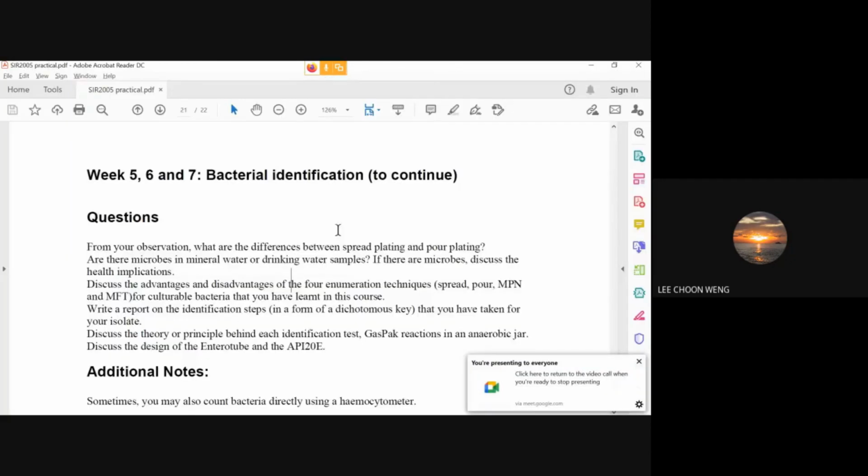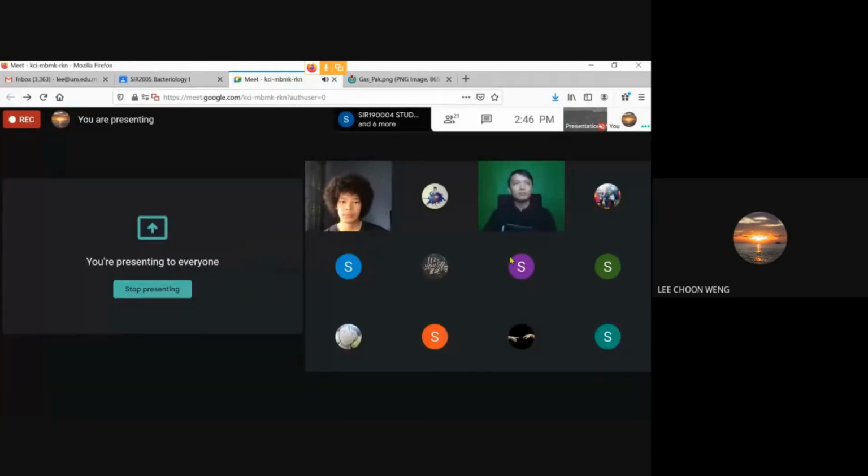Anything else? So y'all think about this, okay? Then we are supposed to write a report on the identification steps. This one, dichotomous key. If you are given a bacterial isolate, most probably you'll be given the bacterial isolate on a MacConkey agar.